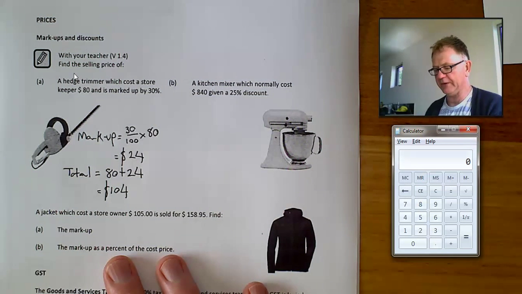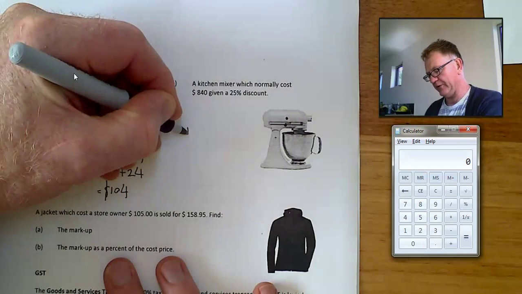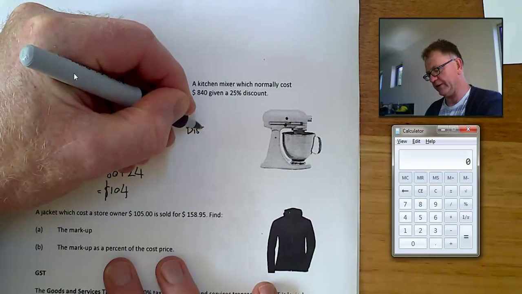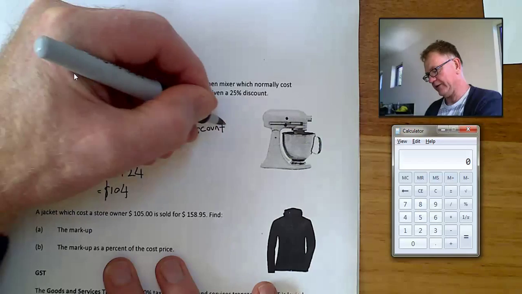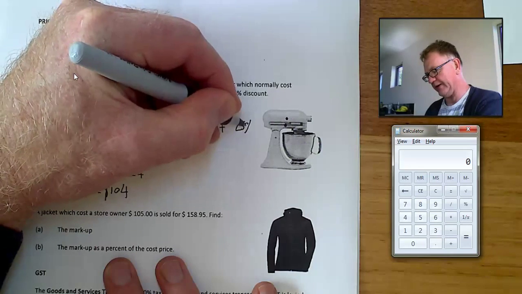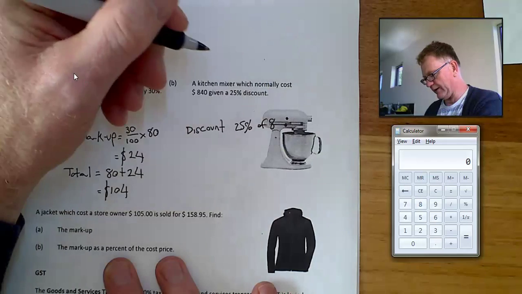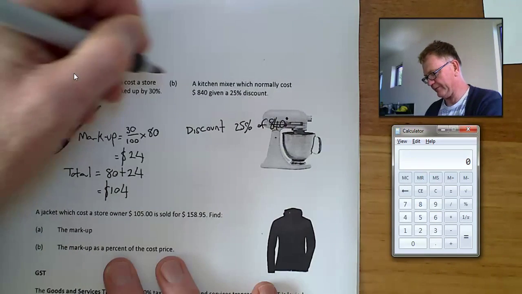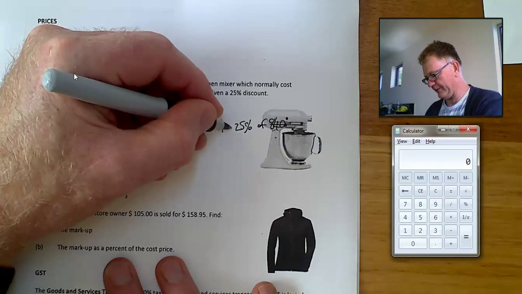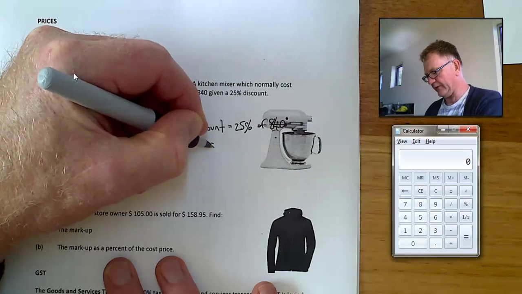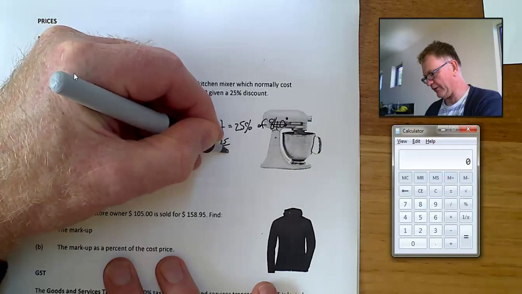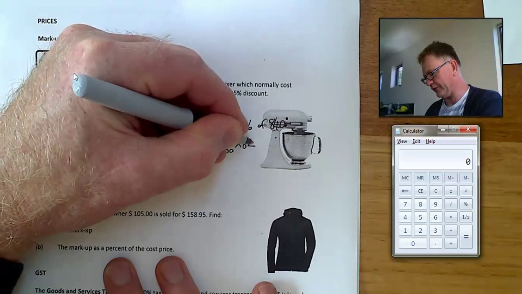We've got a kitchen mixer. It normally costs $840, but it's given a 25% discount. You could do it by first of all working out how much that discount amounts to. The discount is 25% of 840. It's a bit hard to read, isn't it? So that's 25 over 100 times 840.